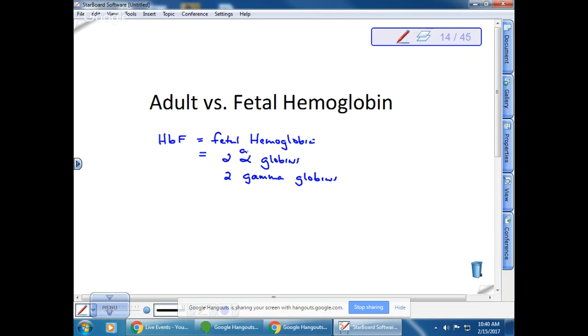This is alpha, right? So 2 gamma globins. Okay. So the thing about this fetal hemoglobin is it binds more quickly to the oxygen. So it tends to pick it up more quickly and it holds onto it longer.